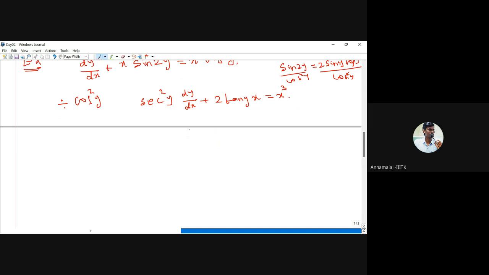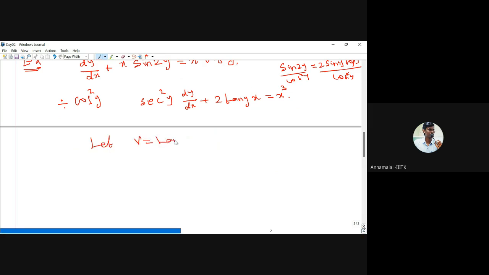Call this tan y as v. So let v equal to tan y. Now, what is dv by dx? What is the derivative of tan? It is secant square y. And what is the derivative of y? dy by dx. Right, you have to apply the chain rule.